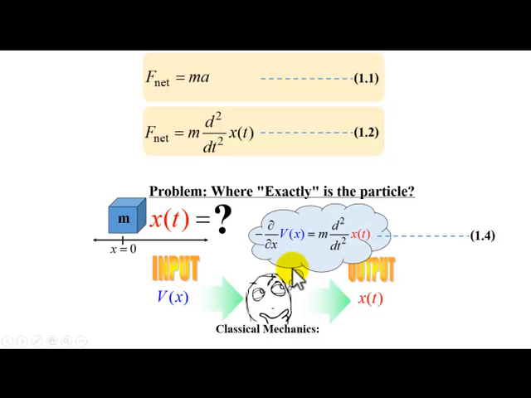This input goes into a processing unit where the students think really hard trying to solve the differential equation. And finally, the output is the function x of t, which describes exactly where the particle is at any given time.